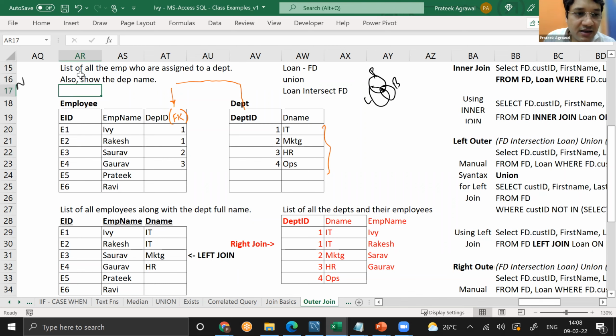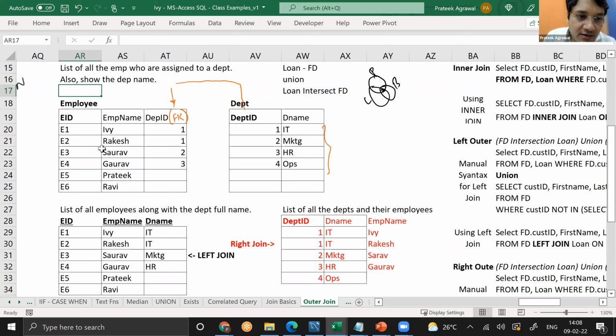So that means if you look at this request that I have from a business manager, I want to see all the employees, and at the same time I also want to see the department that they're assigned to work with, right? If there is an employee who has not been assigned to any department, then I don't want to see those employees in my report. Did you all understand this?